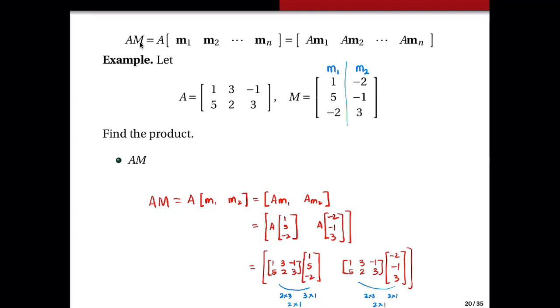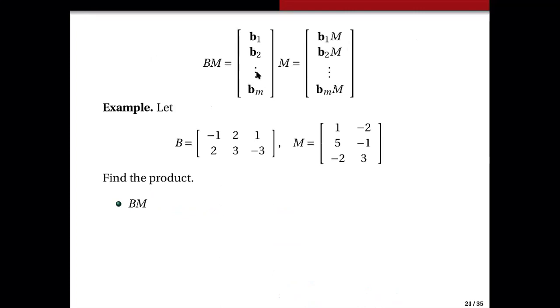So this is for this way of multiplication. Let's look at the other way. For BM, we write B as a column vector whose entries are row vectors. Then we multiply it to M, so it's like we are distributing M inside this column vector.